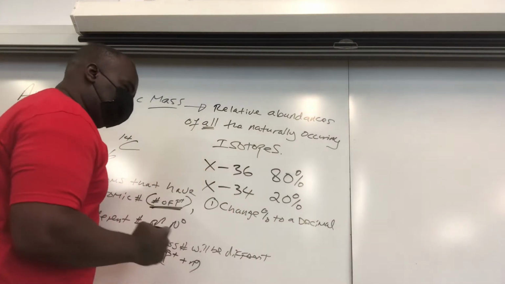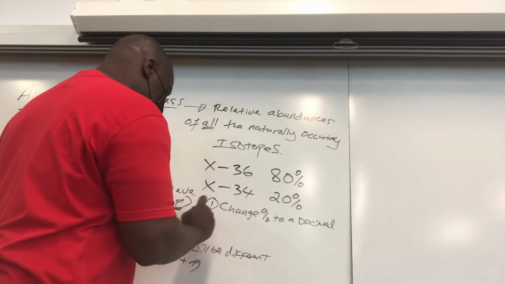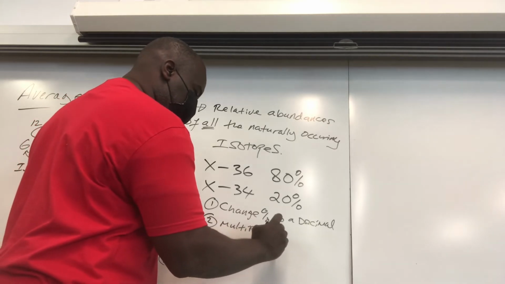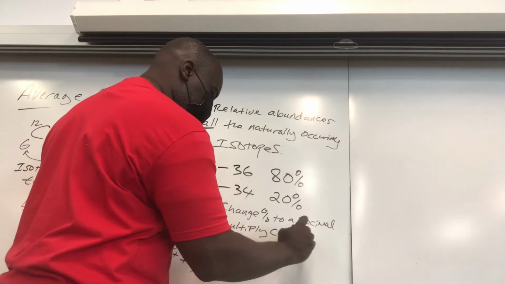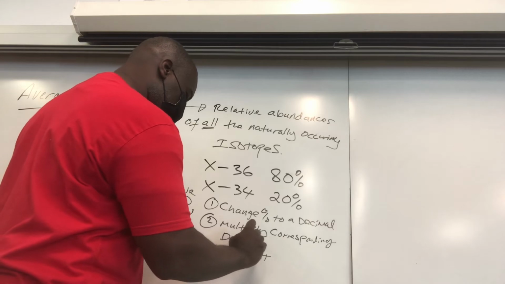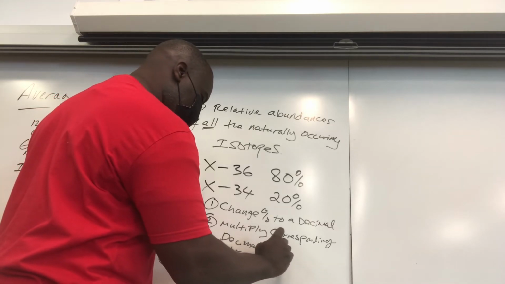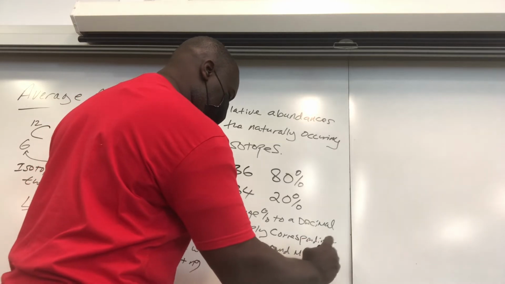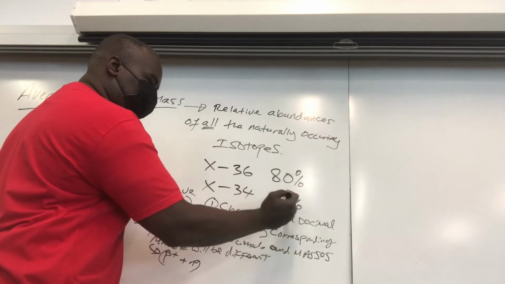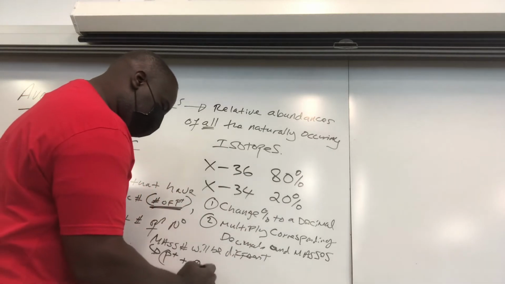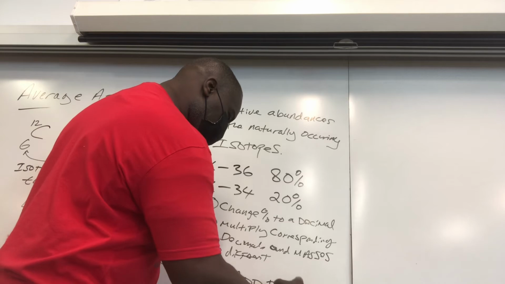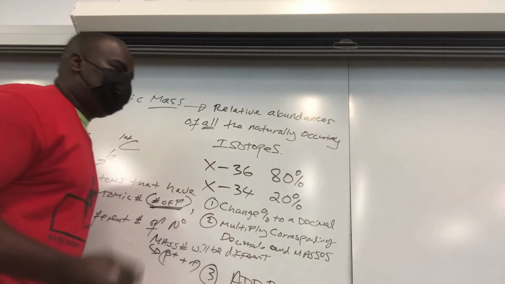Step number 2 is to multiply the corresponding decimals and masses. And step number 3 is to add them all up. So 3 very, very simple steps.